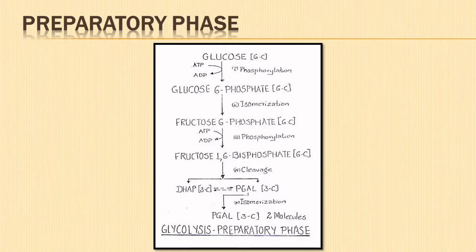Glyceraldehyde 3-phosphate takes part in the formation of pyruvate, while DHAP gets converted into glyceraldehyde 3-phosphate. Therefore, two molecules of PGAL or glyceraldehyde 3-phosphate are formed.